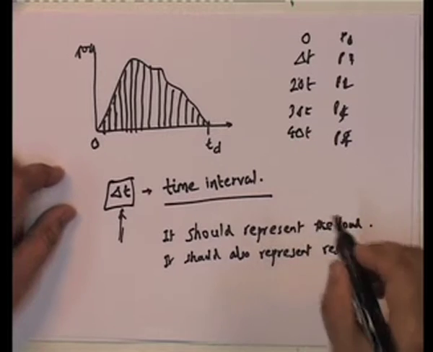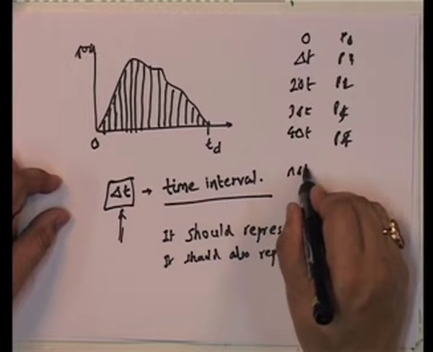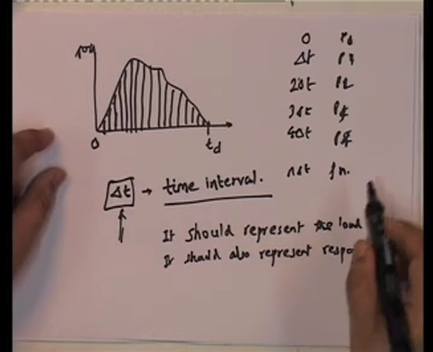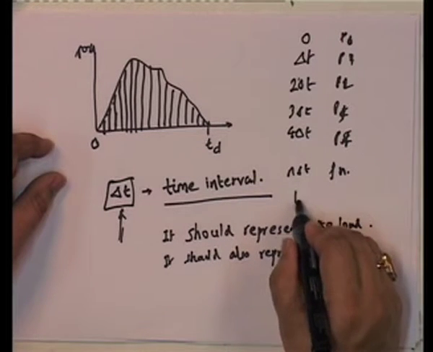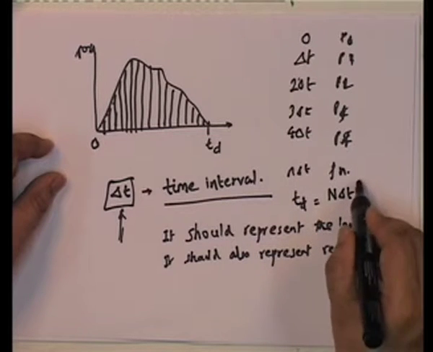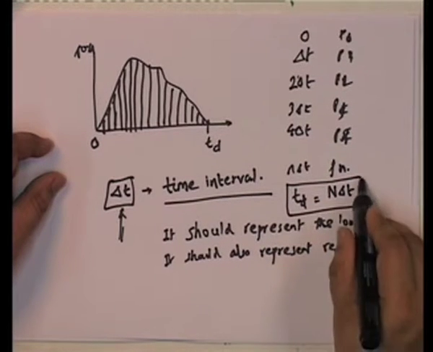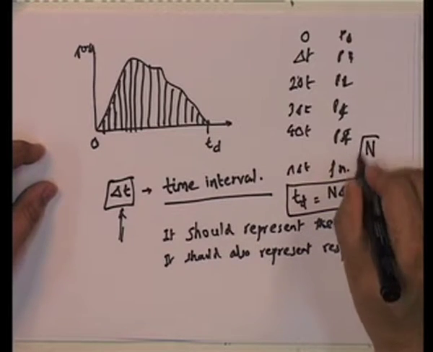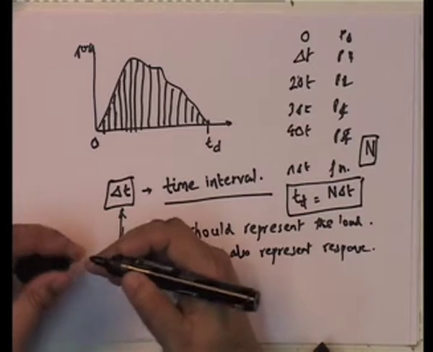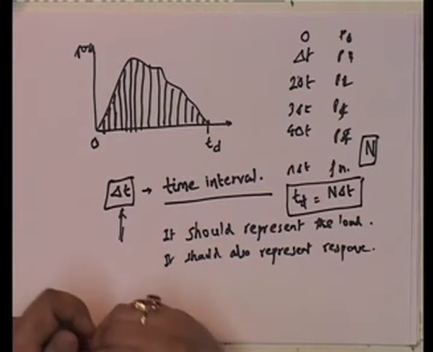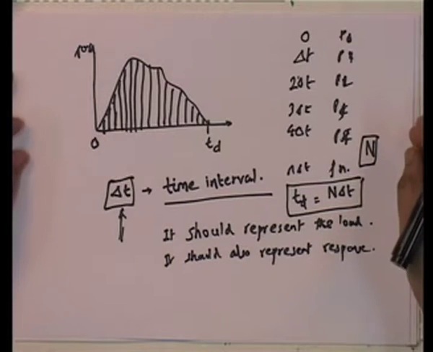In other words, at n delta t you have P n, and T d is equal to n into delta t. There are a total of n values in any record of the loading. That is typically what you are given.